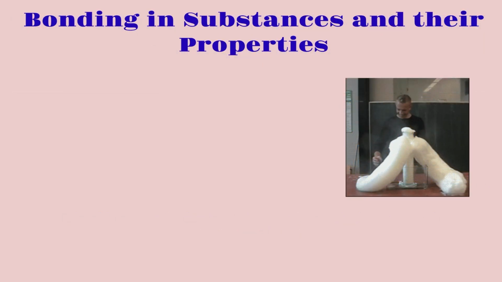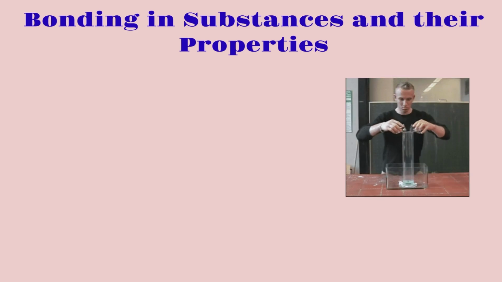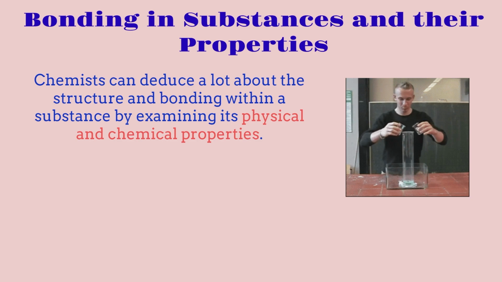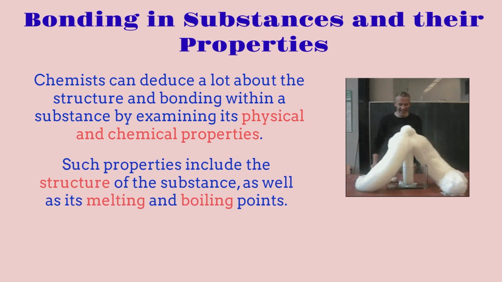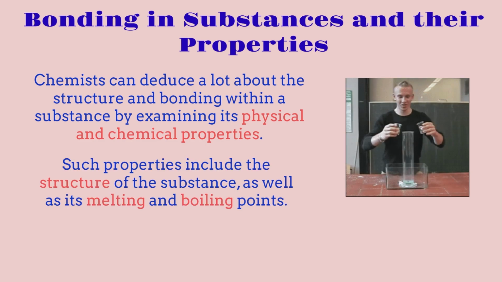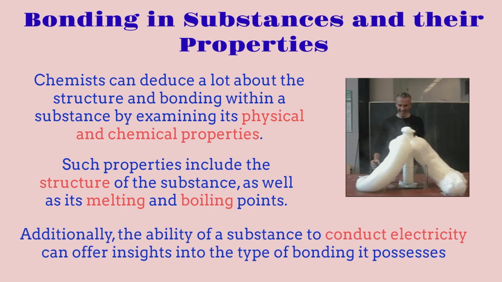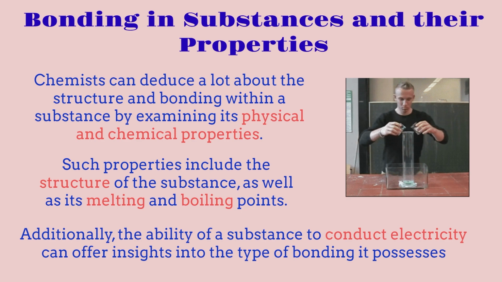And now we're going to talk about bonding in substances and their properties. Chemists can deduce a lot about structure and bonding within a substance by examining its physical and chemical properties. Such properties include the structure of the substance, as well as its melting and boiling points, and additionally, the ability of a substance to conduct electricity can offer insights into the type of bonding it possesses.